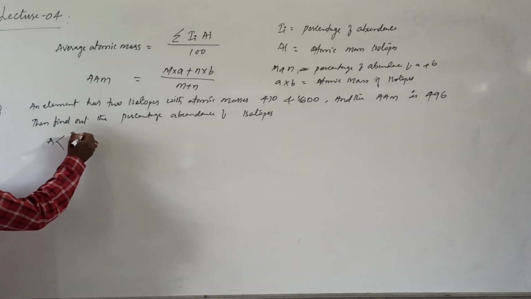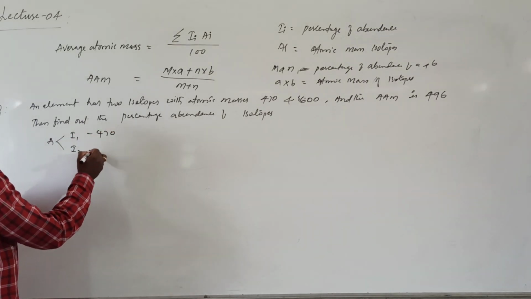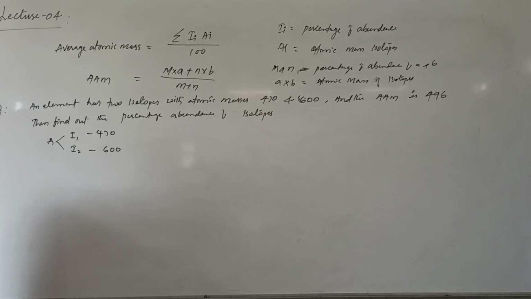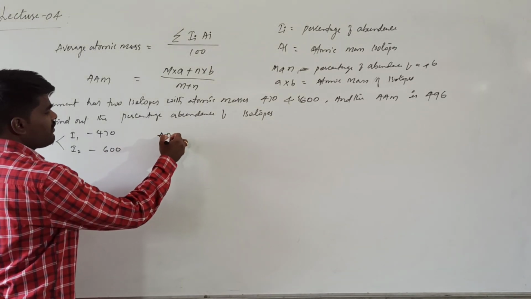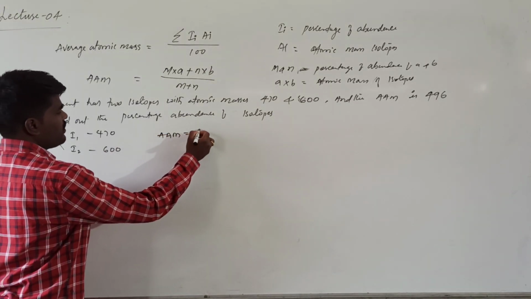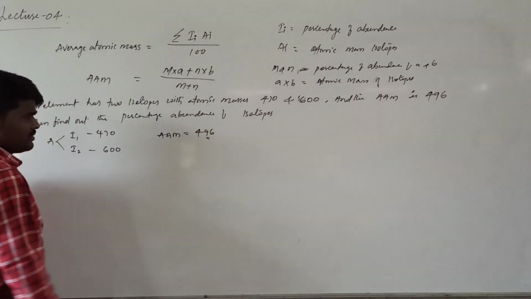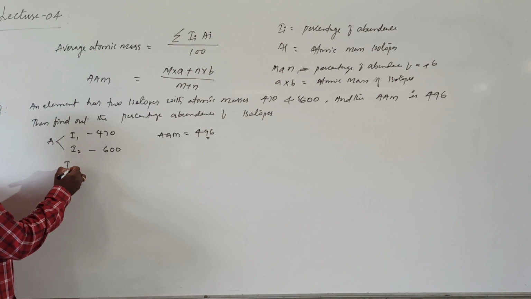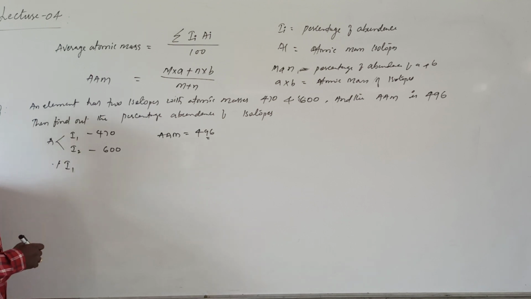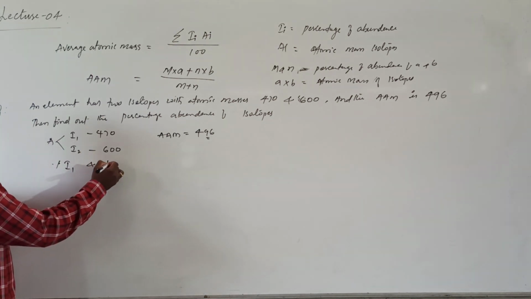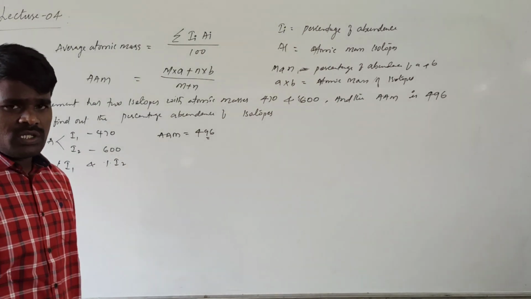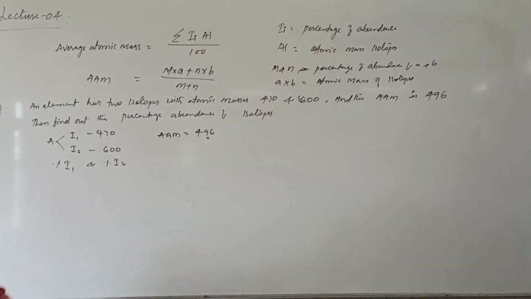The atomic masses given are 470 and 600, and the average atomic mass given is 496, right? He is asking for the percentage abundance of both the isotopes.